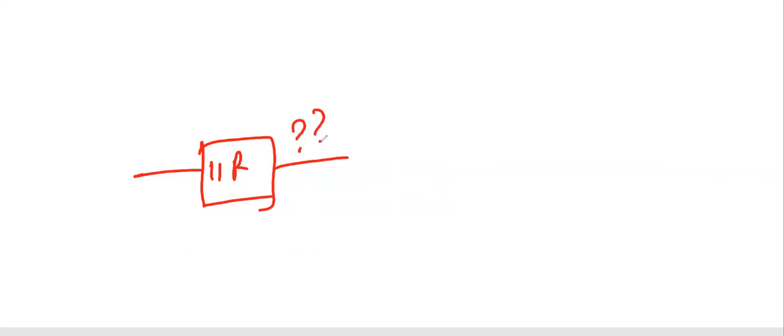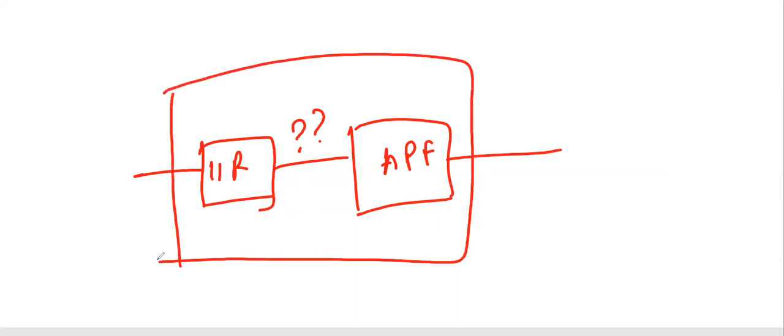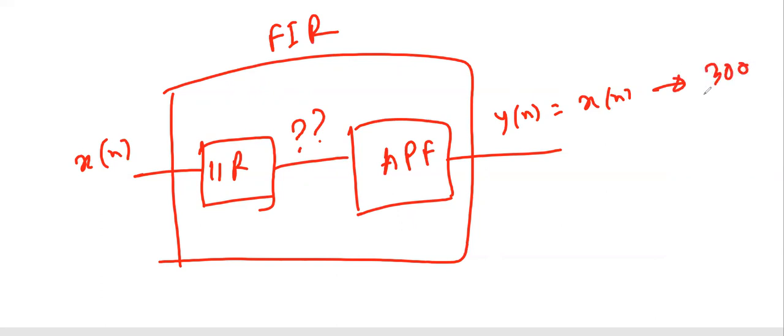What people can do is design an all-pass filter in such a way that the combination of IIR and all-pass filter works like an FIR type filter. That is the idea. You have your x[n], and you want y[n] to equal x[n] after, let's say, 300 samples, and that makes your life easy.